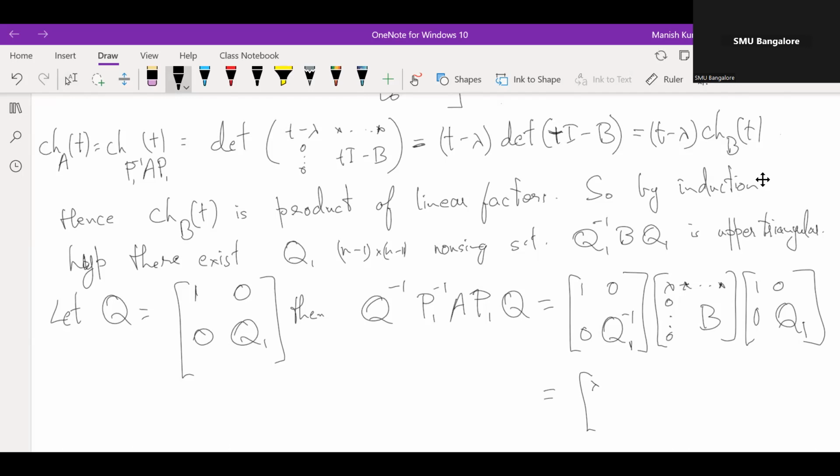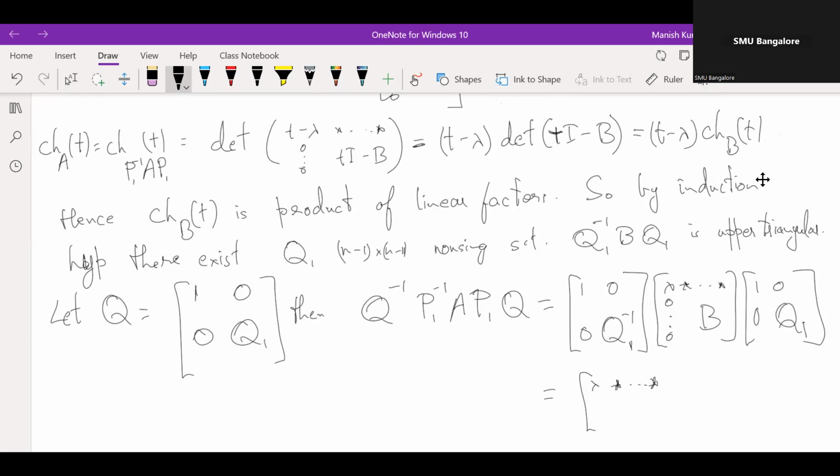And then this at lambda. This entry may change, but we don't really care about it. It may not be the same stars. That is what I was checking, whether this entry changes or not.